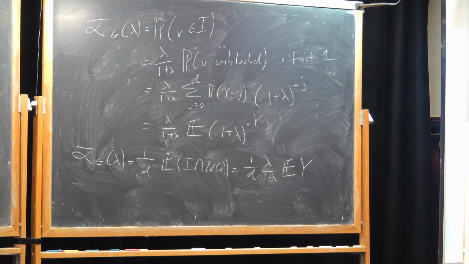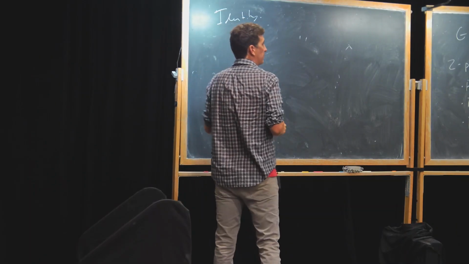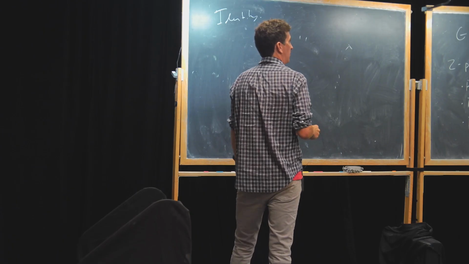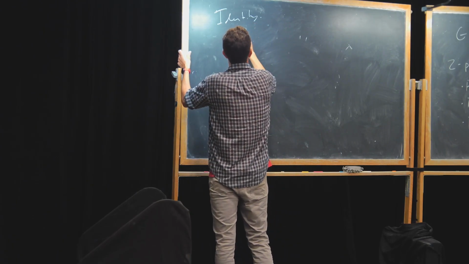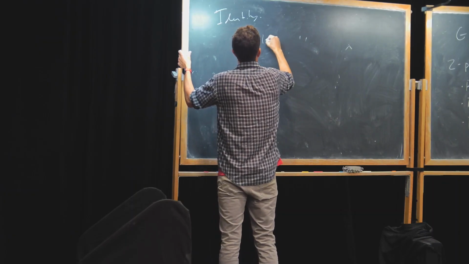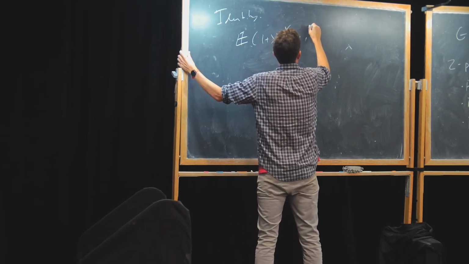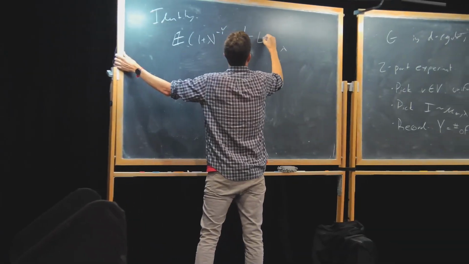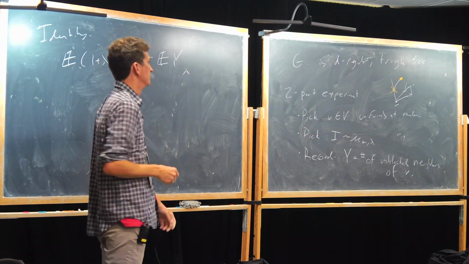So let's write this identity. We can write it like this: expectation of (1 plus lambda) to the minus y equals 1 over d expectation of y. Right?